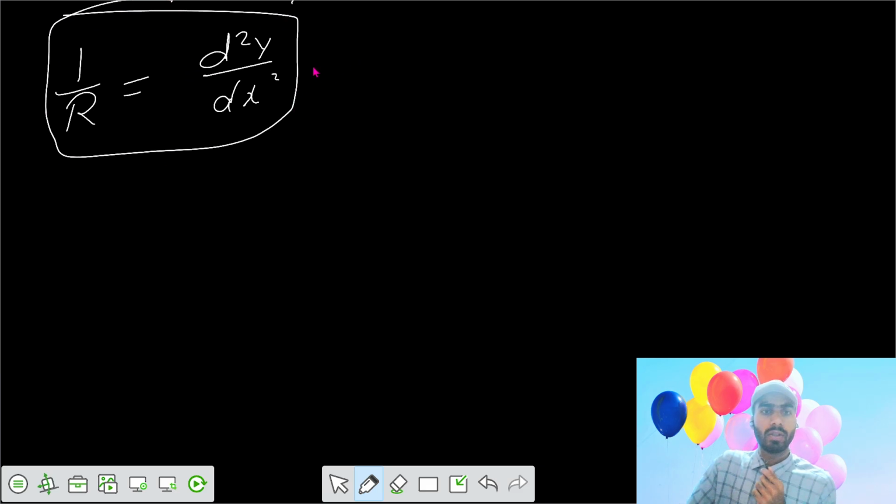We know that theta equals dy by dx, so we can write d theta by dx, the change of slope with change in x.